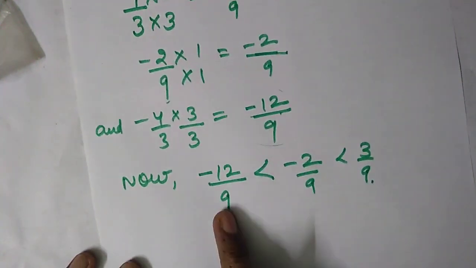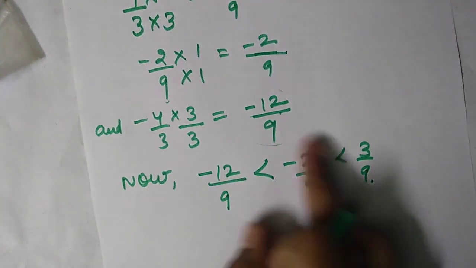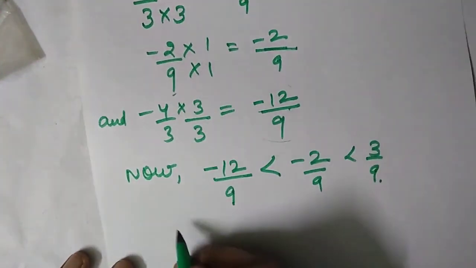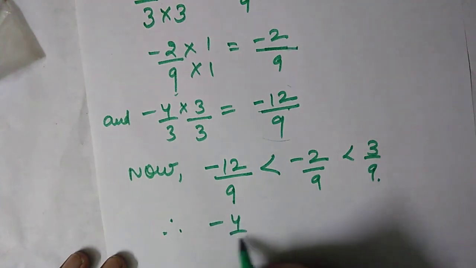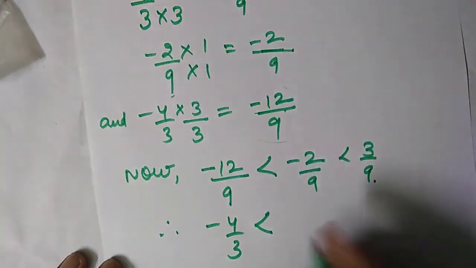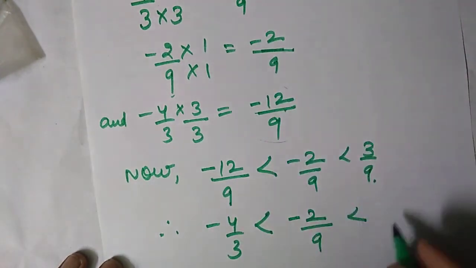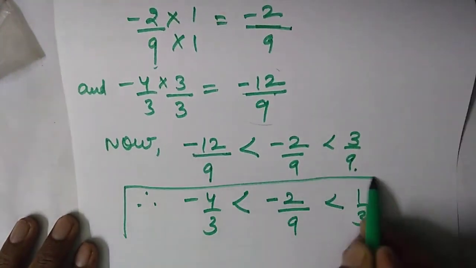This one is greater than this, and this one is greater than this, and this is greatest. Therefore minus 12 by 9, that is minus 4 by 3, is less than minus 2 by 9, and then 1 by 3. Okay, so this is your question number 10.